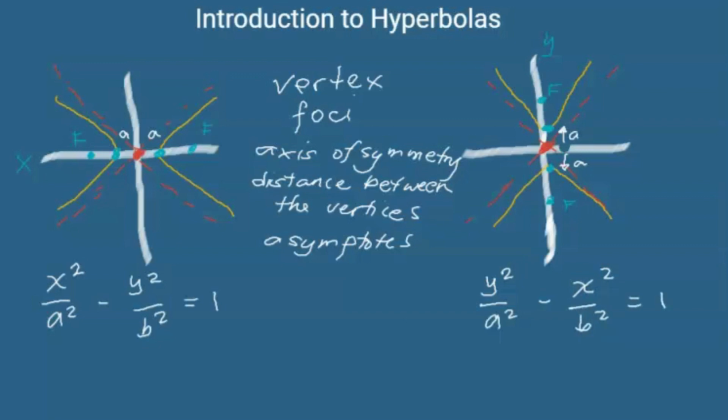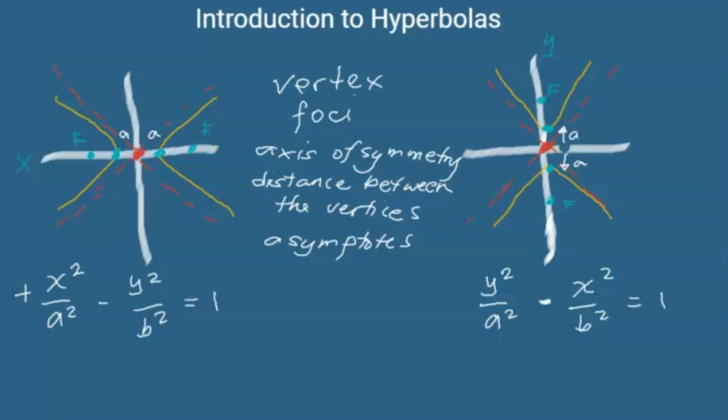So when do we know which is which? If your x squared is positive, then your hyperbola opens left and right. If your x squared is negative, or if the y squared is positive, then the hyperbola opens up and down.